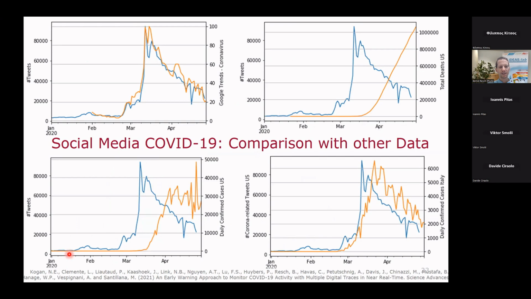And in orange, you see the daily new confirmed cases. So the rise here between the blue and the orange curve is very, very similar. But then again, you see that the orange curve lags temporarily by about 14 to 17 days. Again, what does that mean? If we know that there is a rise in social media, we can expect a rise in cases 2.5 weeks later.